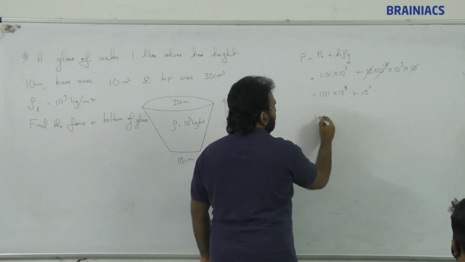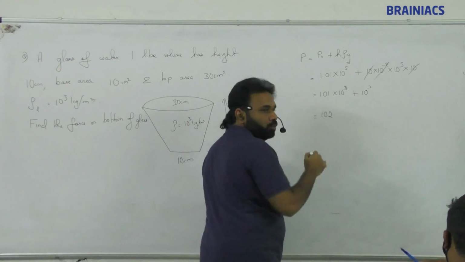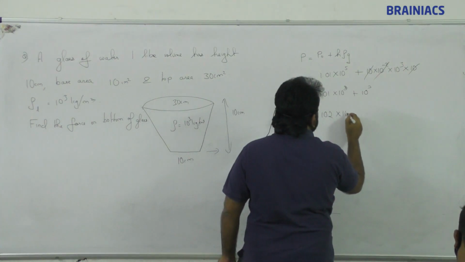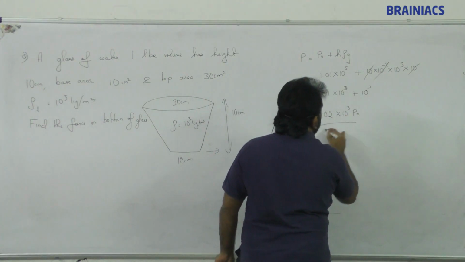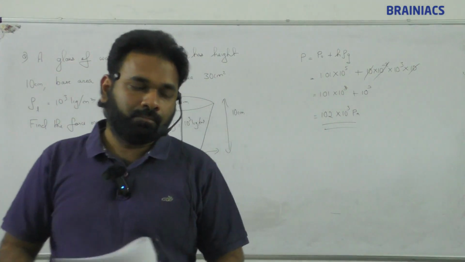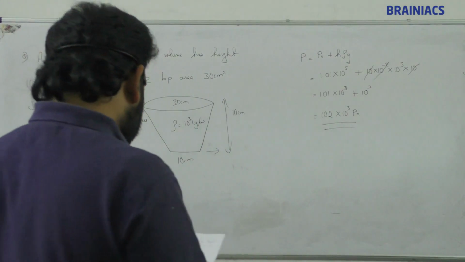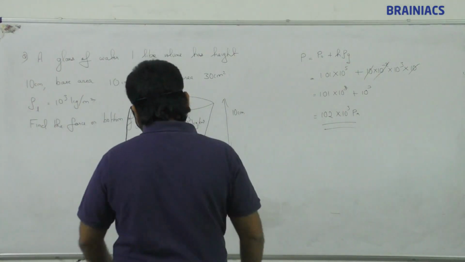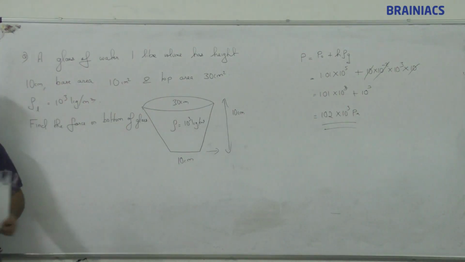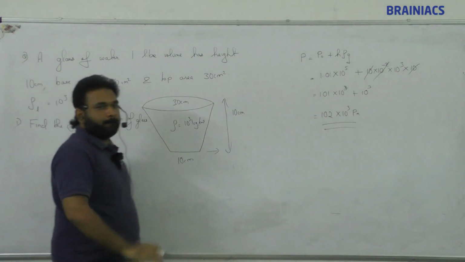So 102 into 10 raised to 3 Pascal, or 102 kilopascal. Clear? Adjust like that. Okay, this is the first question. Is it clear?